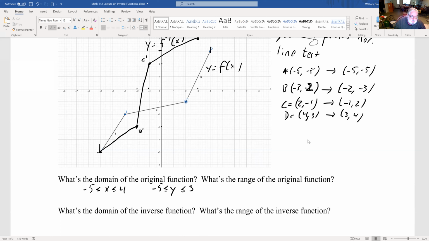So the domain is going to be from x equals -5 up to x equals 3. And the range will start at -5, and if we follow the inverse function, it's going to end at y equals 4. So switching the x's and the y's switches the domain and the range. If you know one, you can figure out the other one.